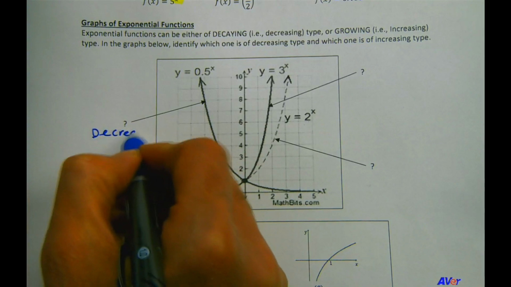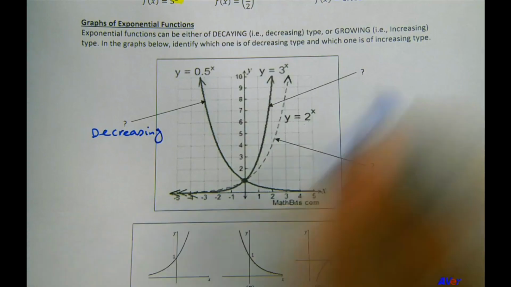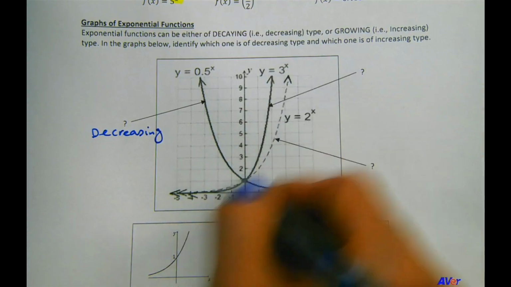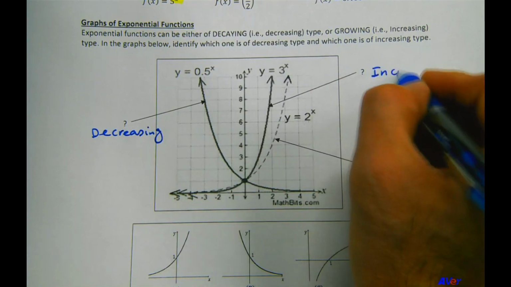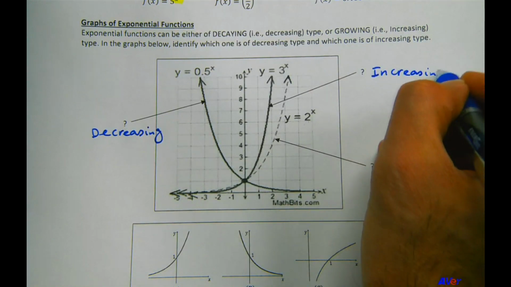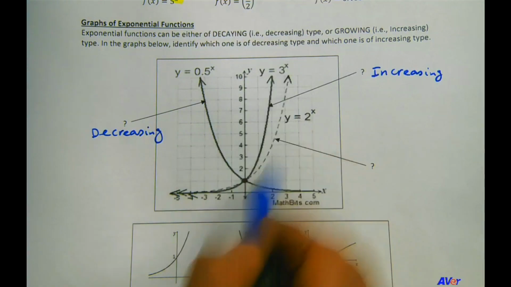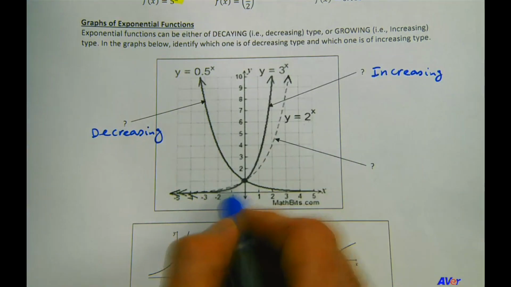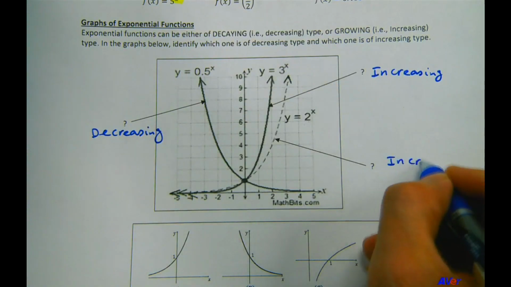It's a decreasing exponential function. How about this one? This one is from left to right, it's increasing, right? So it's an increasing exponential function. And this one, the dashed one, y equals 2 to the x, it's of course increasing from left to right, right? So increasing.